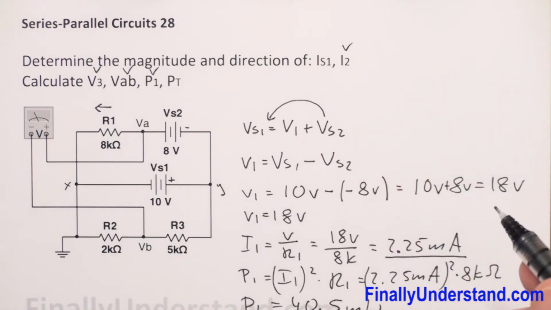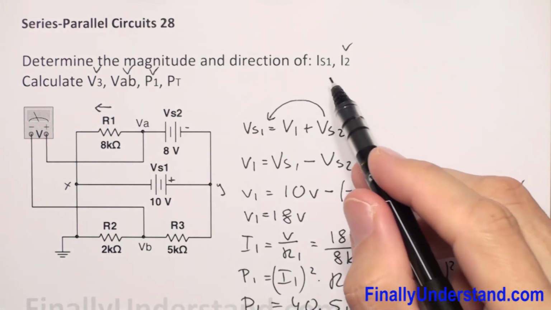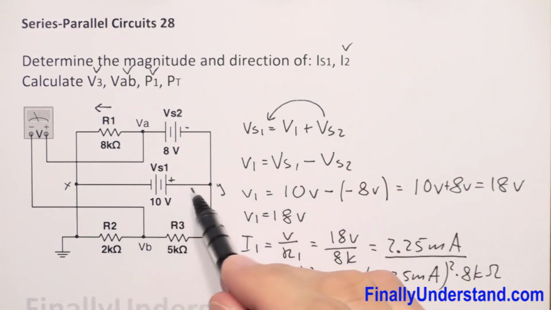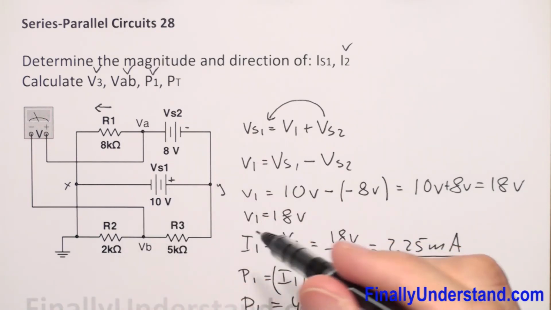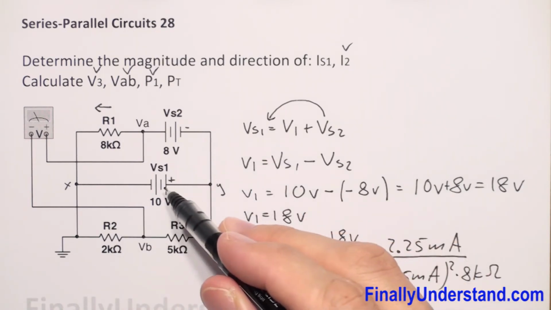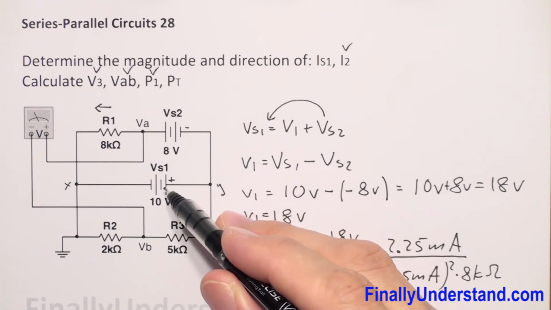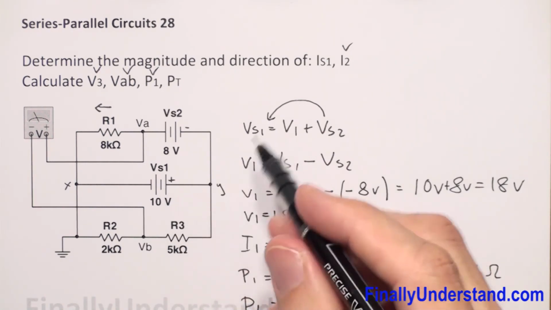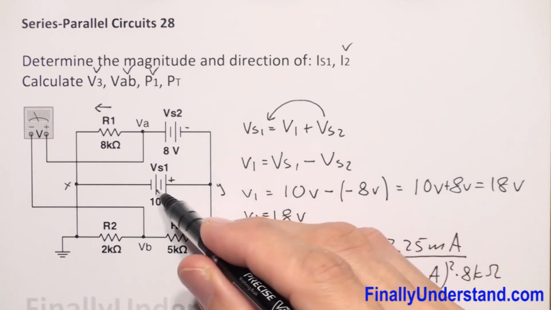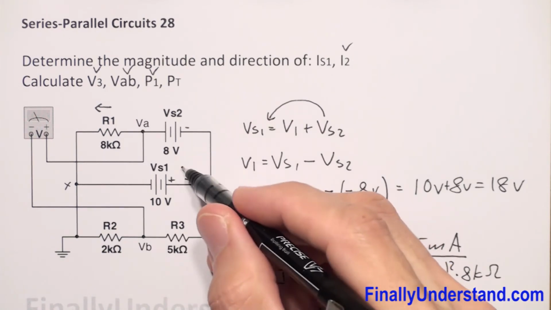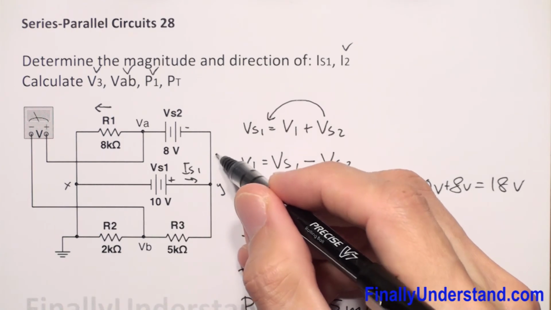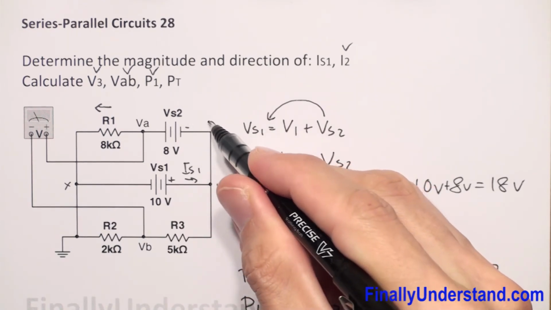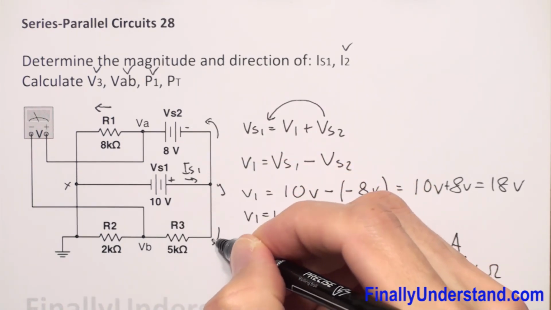Next, we're supposed to find I source 1. We're supposed to find the current which goes through this source. Okay, because this voltage source is the strongest one, we can say that this current which will go over here, this is my I source 1. I source 1 is going to split into two currents. It's going to split into this current and this current.